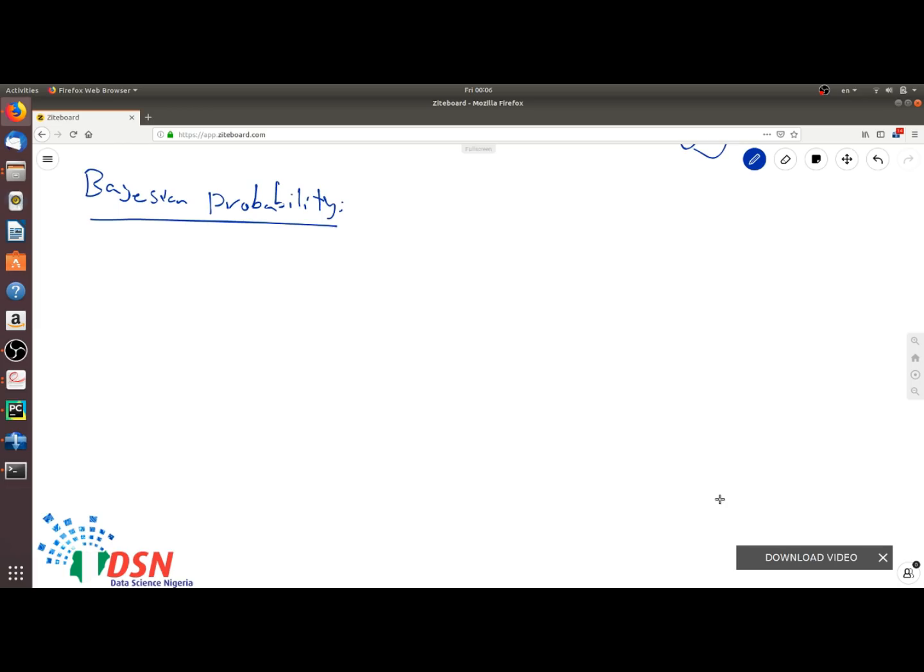If you remember, in the previous session we talked about the frequentist probability interpretation, and we got this definition: in the classical probability definition, the probability of x_i is equal to the number of events divided by the total number of trials, when the number of trials is very large or infinity.